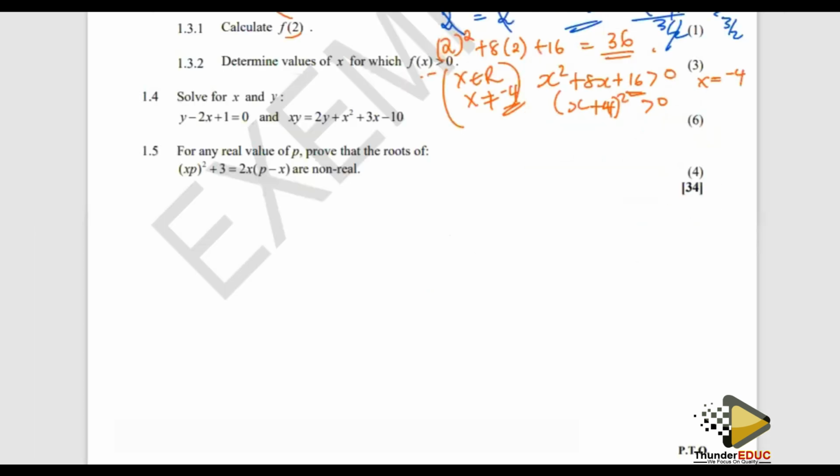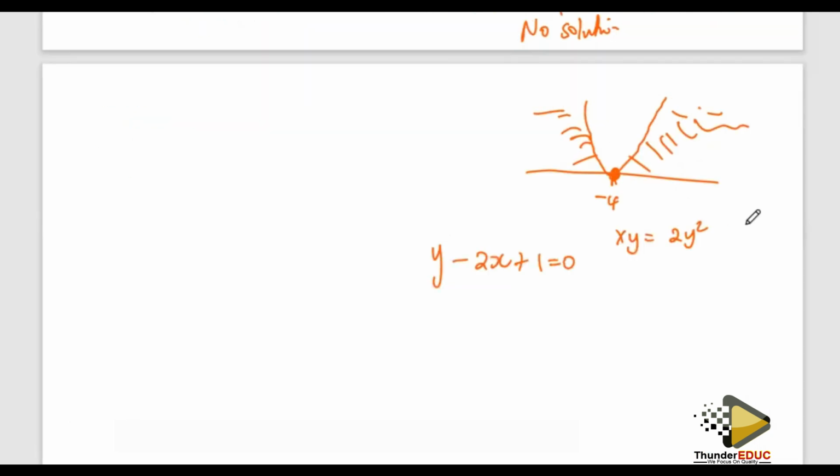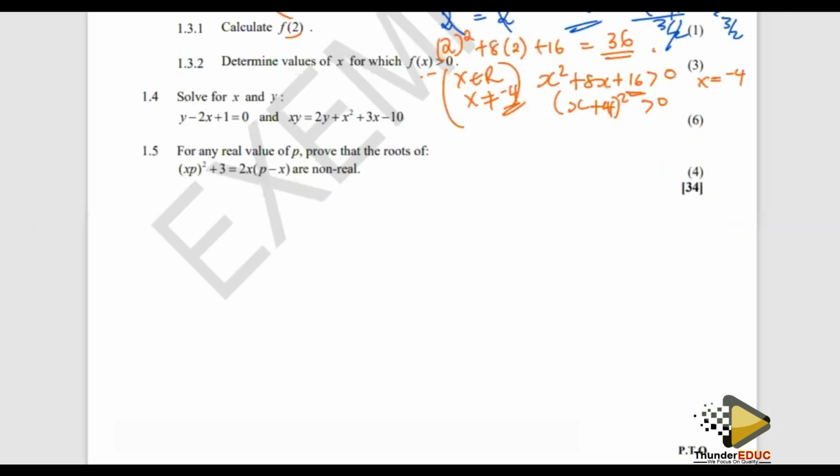Is it 2y squared? It's just 2y. So 2y times x squared plus 3x minus 10. Perfect.